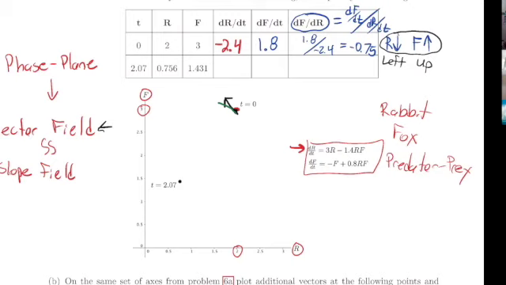And then we can do a similar analysis over here to see what happens at time 2.07. And in this case, we can plug in these values, which is 0.756, 1.43, into these two different equations to get the dr/dt and the df/dt. So I'll kind of share that calculation with you.